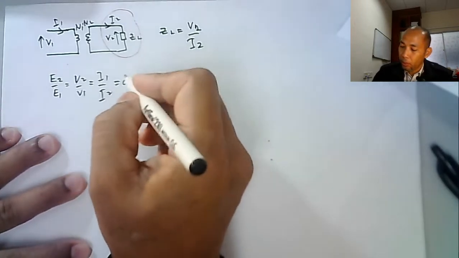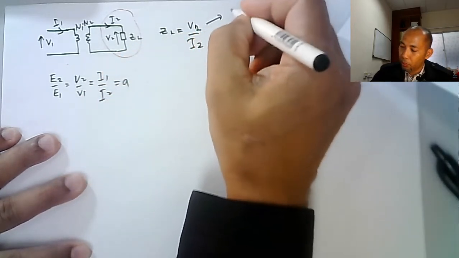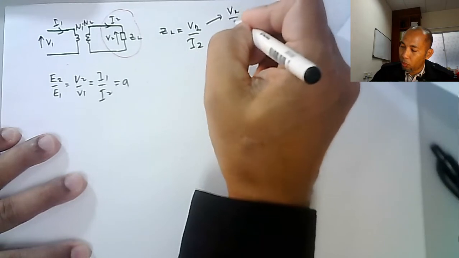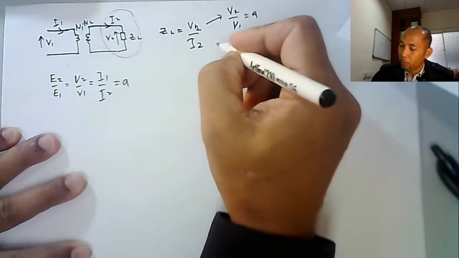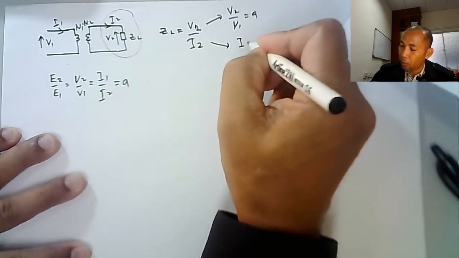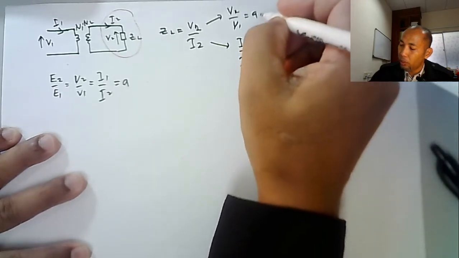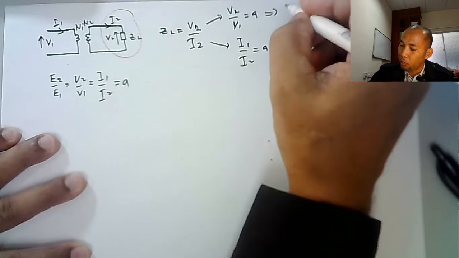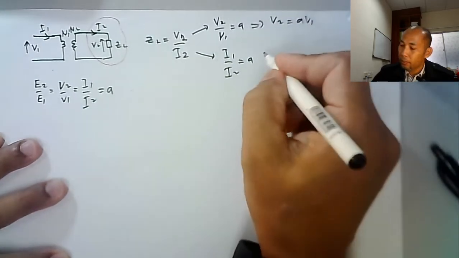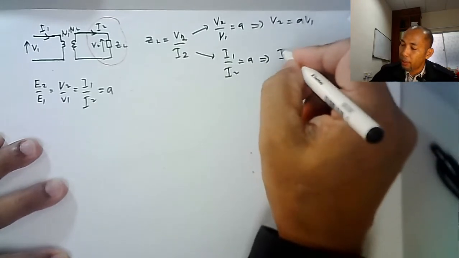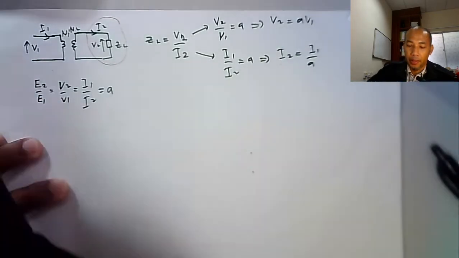Now from this equation we can get V2. V2 over V1 equals A, and I1 over I2 equals A. So V2 equals A V1, and I2 equals I1 over A.